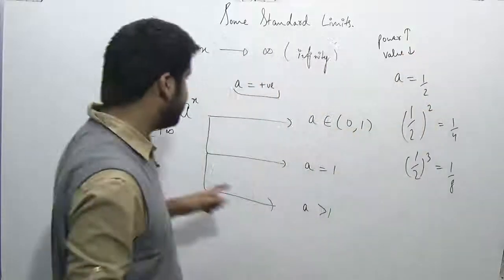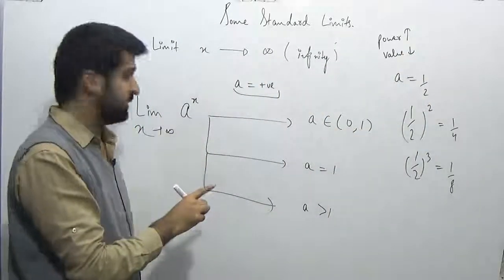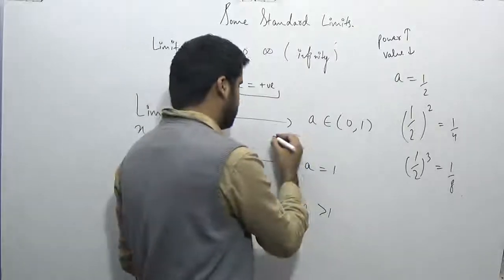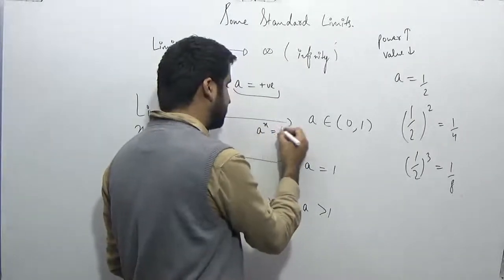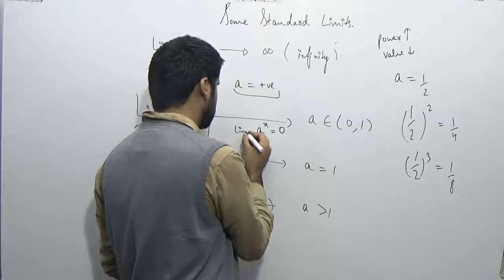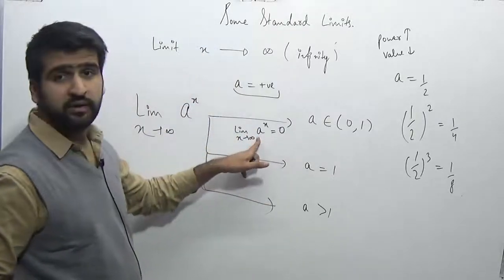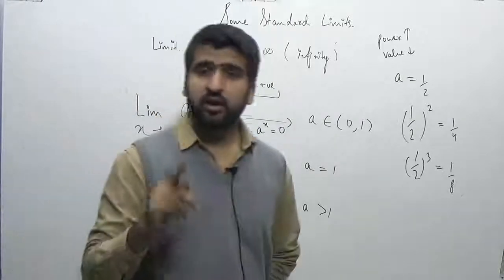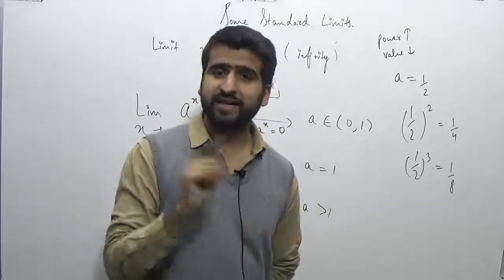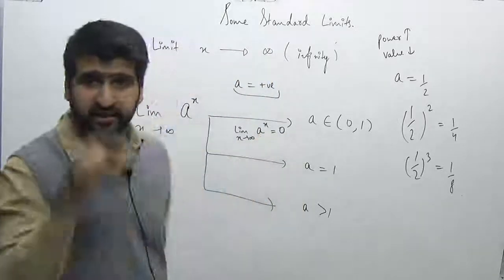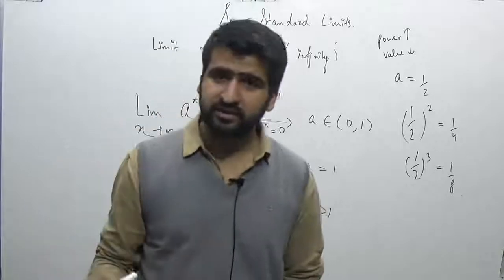So you can see that as this power approaches infinity, this thing will come out to be 0. So a to the power x will come out to be 0. So this is the case that when a lies between 0 and 1, limit a to the power x as x tends to infinity comes out to be 0, because the value of this expression decreases as its power increases.